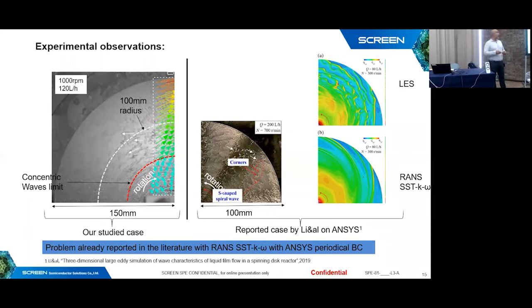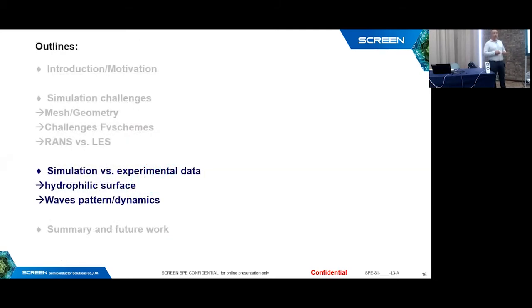Secondly, the two pictures show the reality. One is smaller than the other because we don't work with the same size of disk. We are working with a bigger area. So it means that we are quite confident in our simulation. Then we wanted to confirm our data with experimental data.